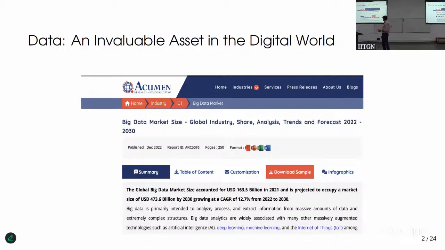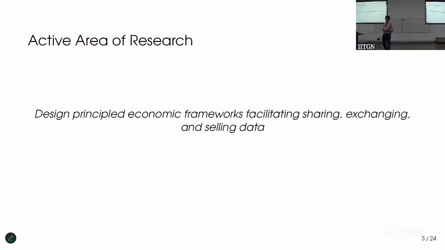The main message is that data is a very important asset today, and it is high time that we design principled economic frameworks that facilitate any economic process with data, such as sharing, exchanging, and so on.